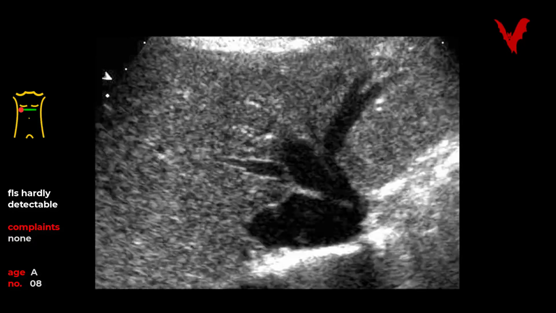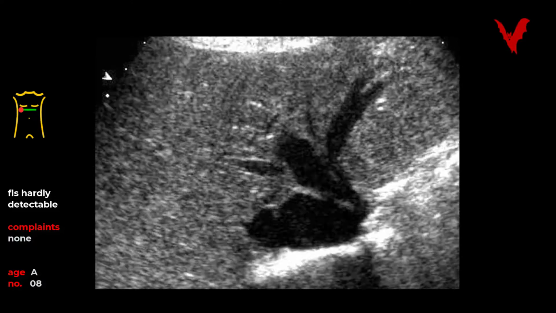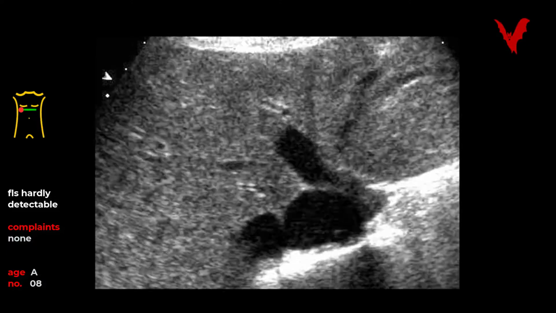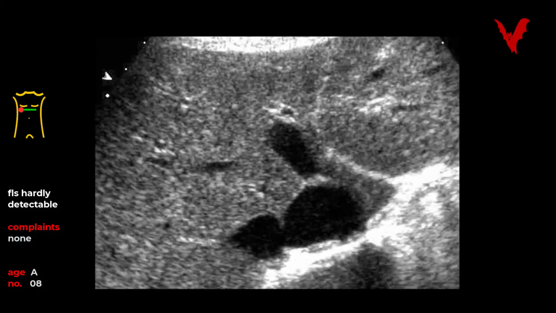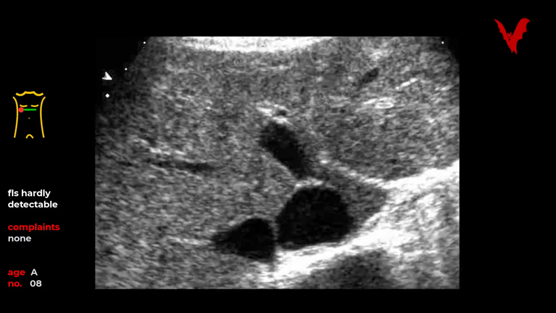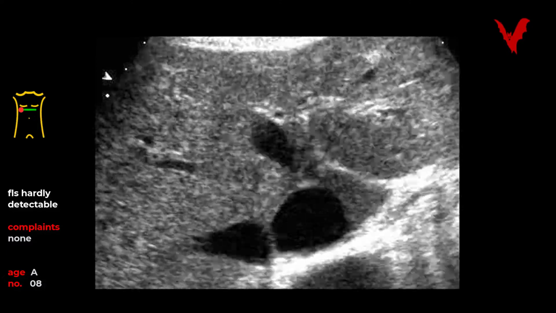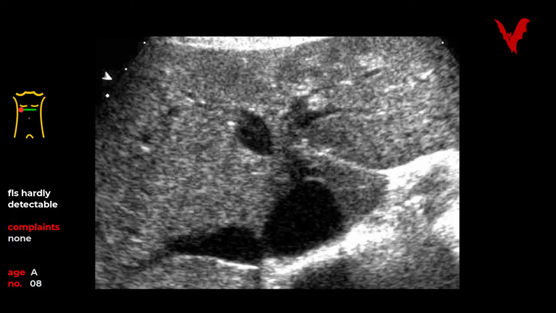Please note, relativity in reflexivity must always be considered, and it is noteworthy that a high percentage, up to 15% of the FLs, is not depicted at all, since there simply is no difference to the reflexivity of adjacent tissue.